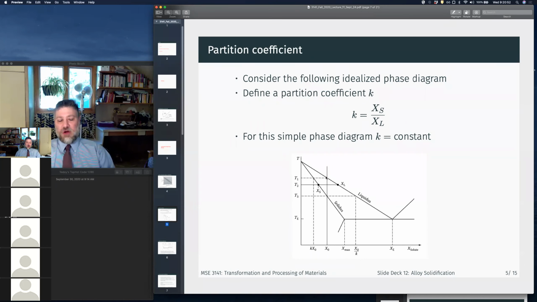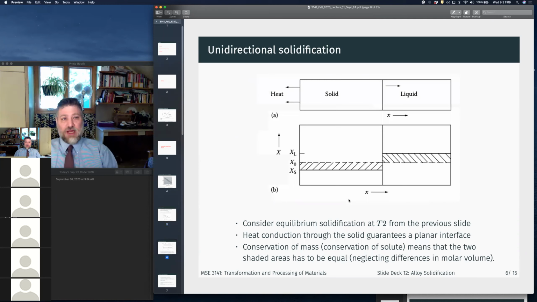Because for the most part, we can always draw, even if we have curved lines, around the freezing temperature of our composition, we can always approximate those curved lines by straight lines, and have this sort of work out, right?